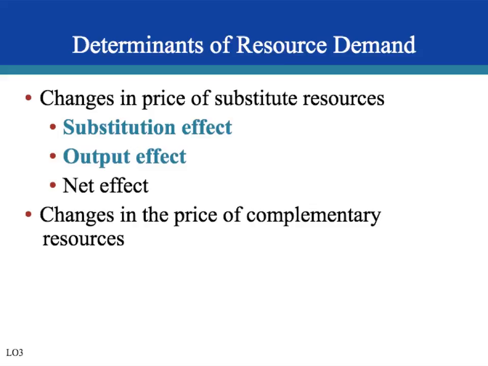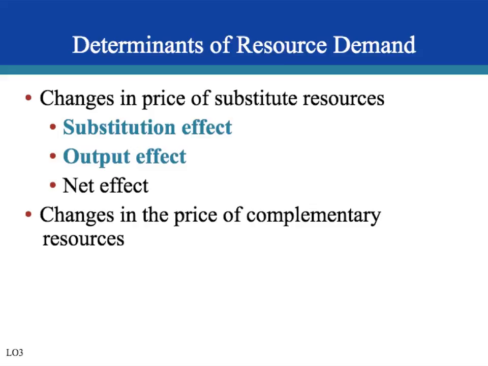There is also an output effect. So if the price of the capital good were to decrease, then production costs will go down. Firms would increase total output.